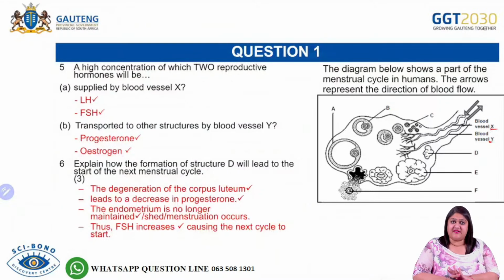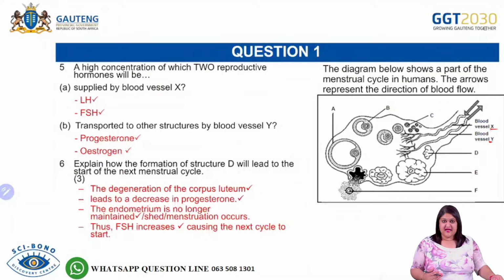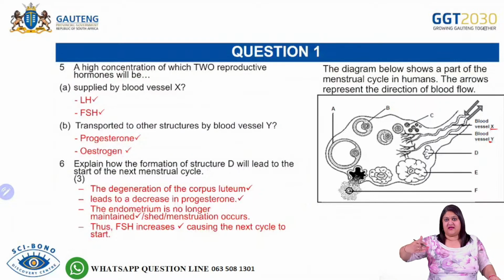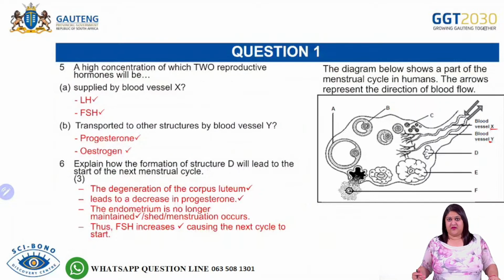The other thing about fertilization: when fertilization occurs, we are not going to have FSH levels increasing, because once an ovum is fertilized, we don't want new follicles to develop, because we don't need another ovum, because fertilization has already occurred and the female will be pregnant. But when menstruation has occurred, remember the progesterone levels are going to decrease, and when the progesterone levels decrease, it's going to stimulate FSH to increase again, so that the development of new follicles can occur, so that a new ovum can develop.